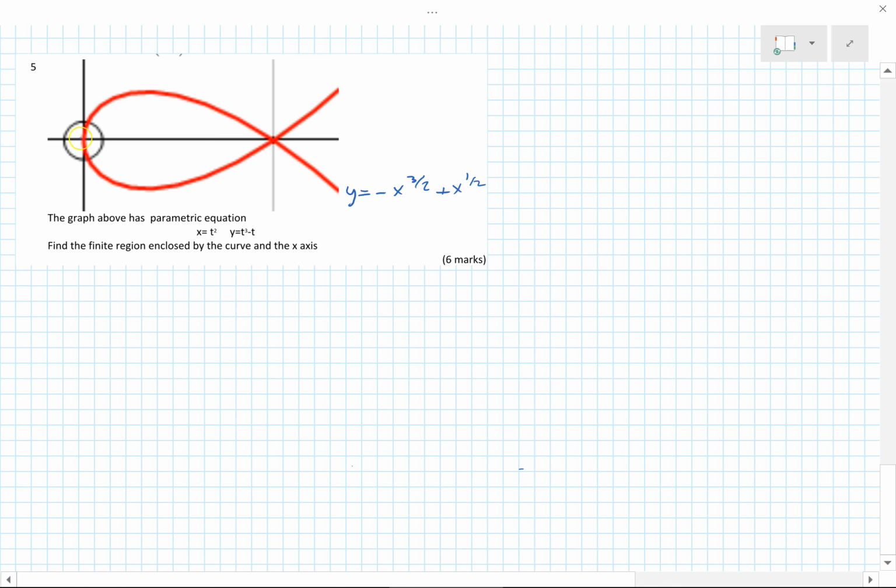That would be that term there, and this bit here would be y equals x to the 3 over 2 minus x to the half.